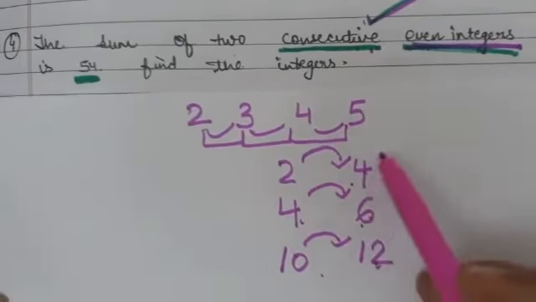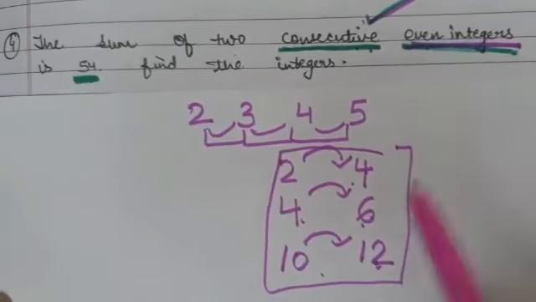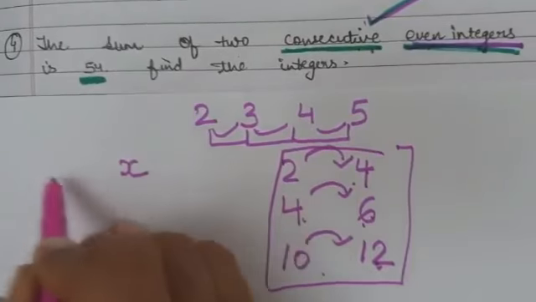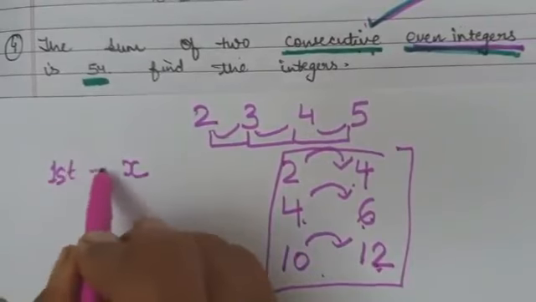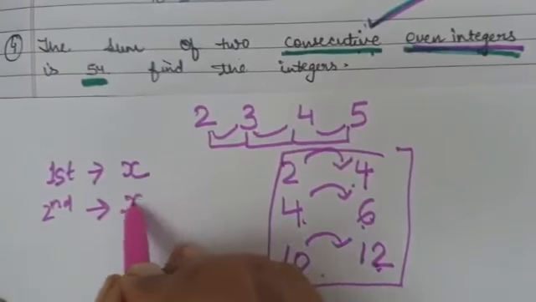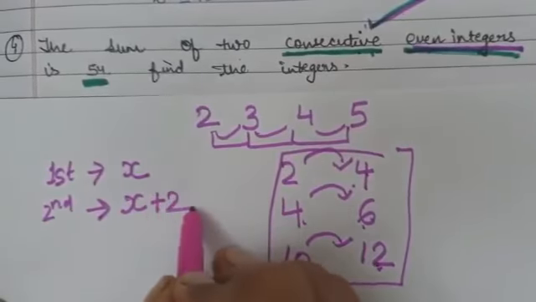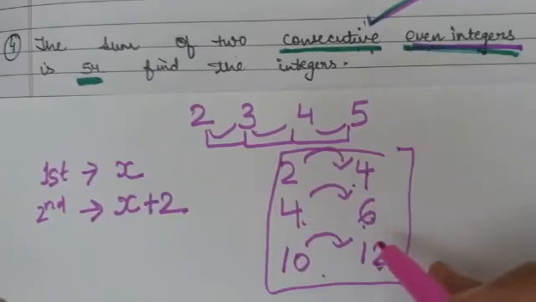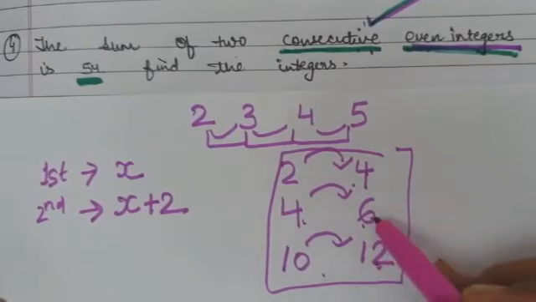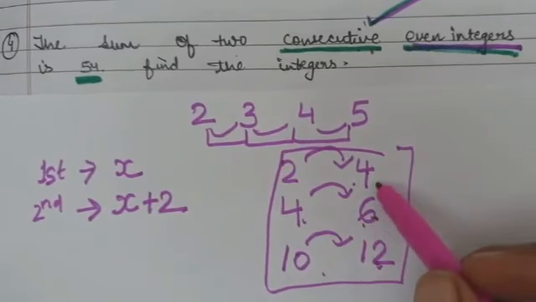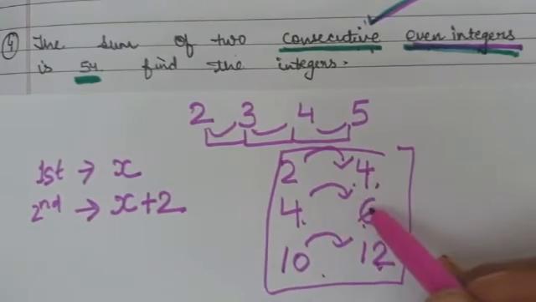So with the help of this, we can take the first integer be x, and the second integer will be x plus 2, because the next consecutive even integer is obtained by adding 2 to the previous even integer.